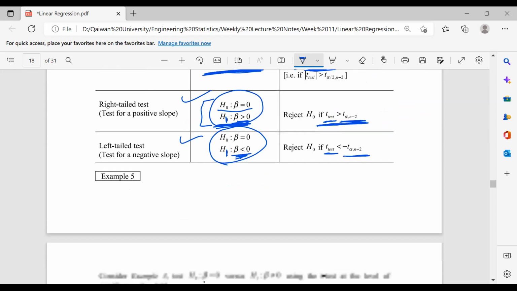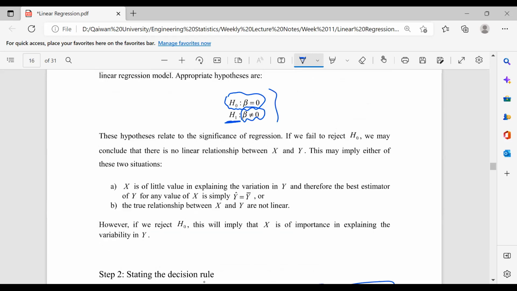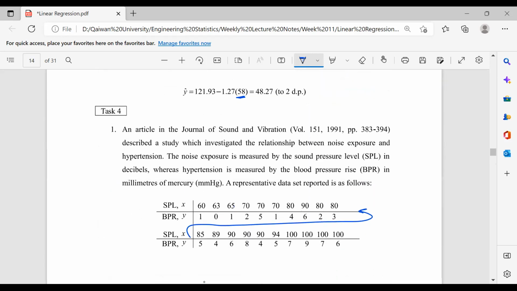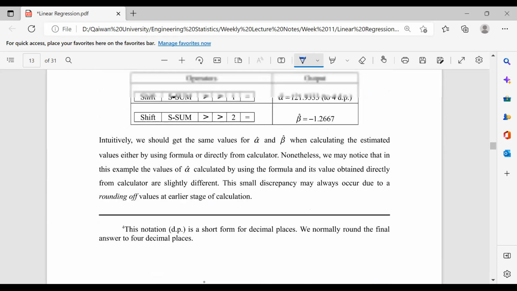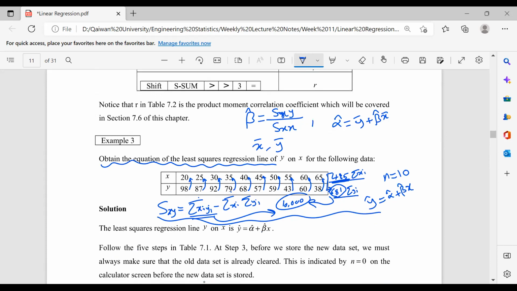Okay. We have an example. Example 5 says, considering example 3. In this example 3, we found s sub xx, s sub xy, s sub yy.